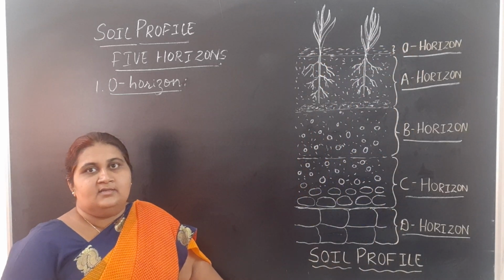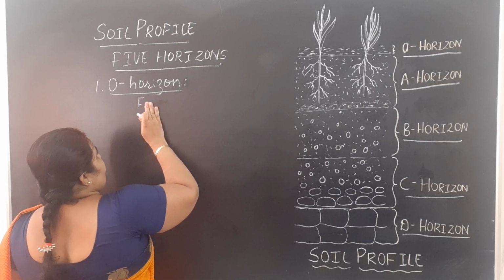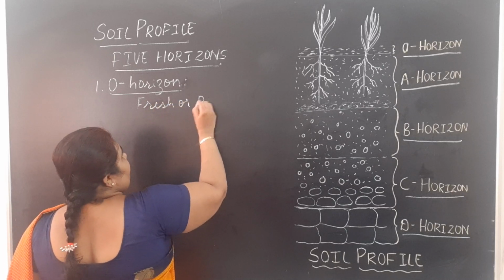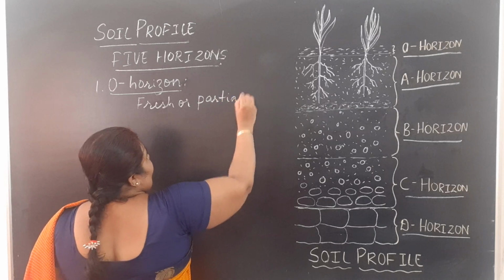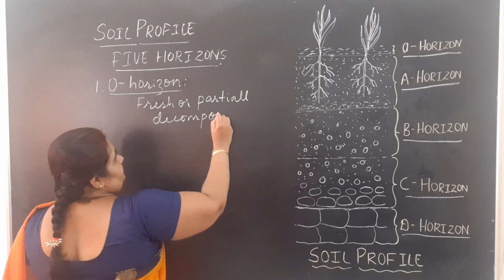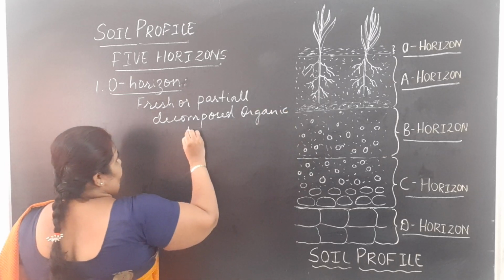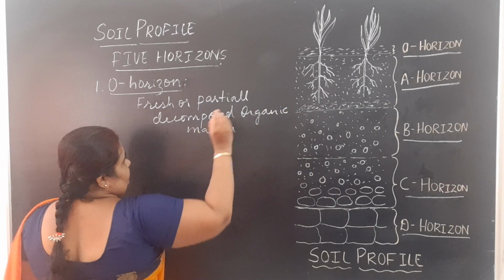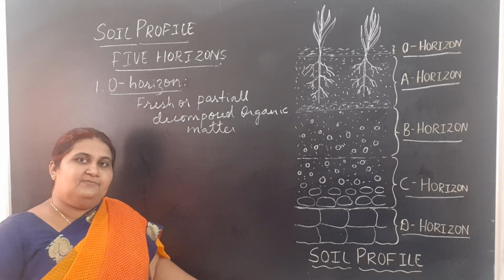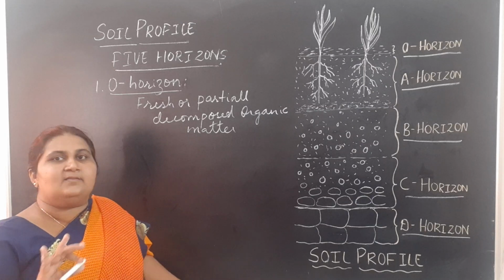O horizon comprises of fresh or partially decomposed organic matter. Meaning these freshly fallen or dried leaves, flowers, fecal matter, what are all these made up of?